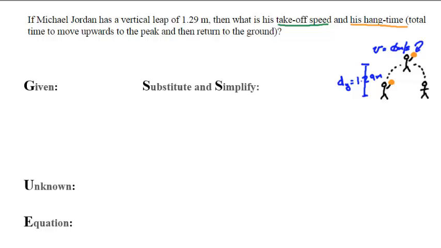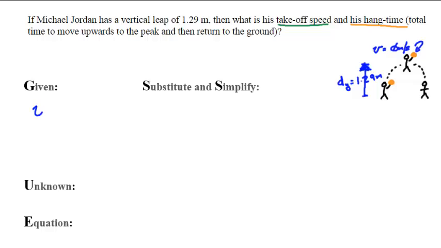Well, let's apply it. Now, considering that I want to figure out my first problem of Michael Jordan, his takeoff speed, I see that Michael Jordan is going in this direction. So it's a positive 1.29 meters.